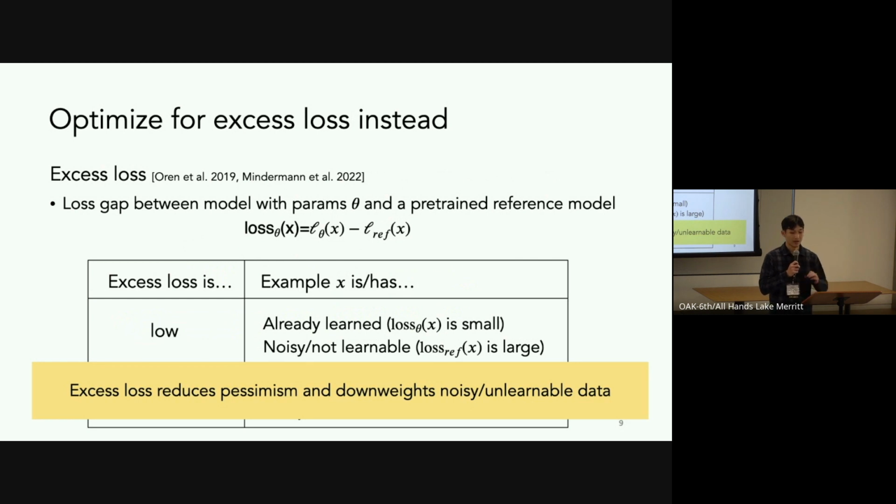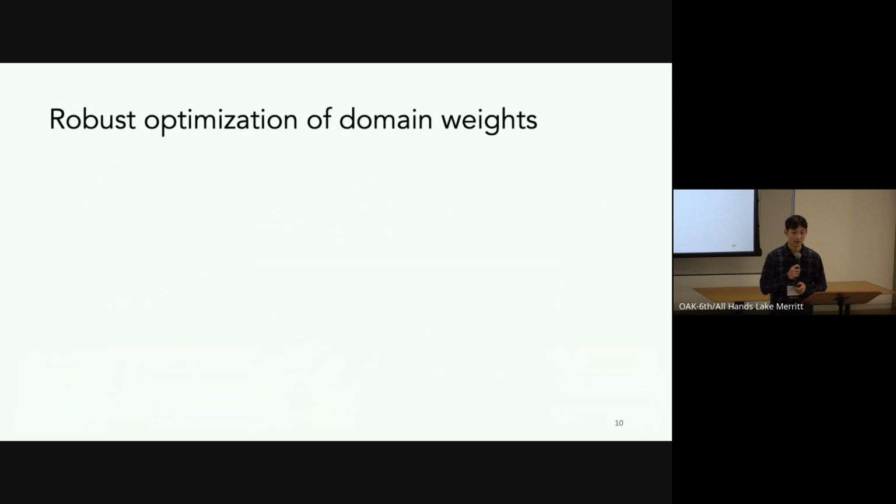So basically, excess loss levels the playing field, helps to reduce the pessimism, and naturally downweights some of this noisy or unlearnable data, as well as some of the easiest data. The next question is, how do we do this robust optimization over the domain weights? We do this loop, which is technically alternating online mirror descent.